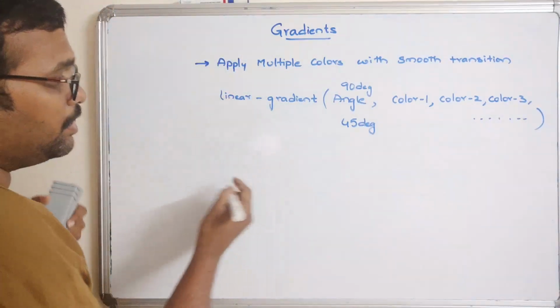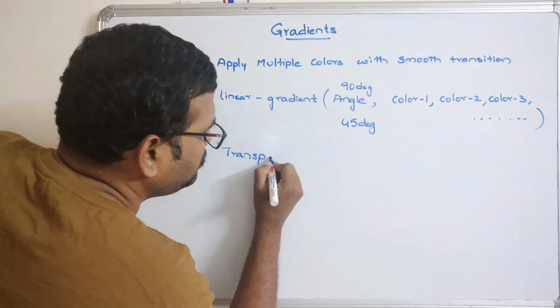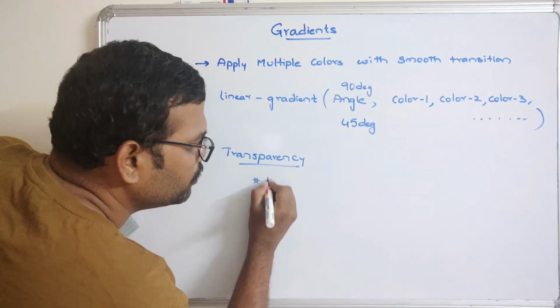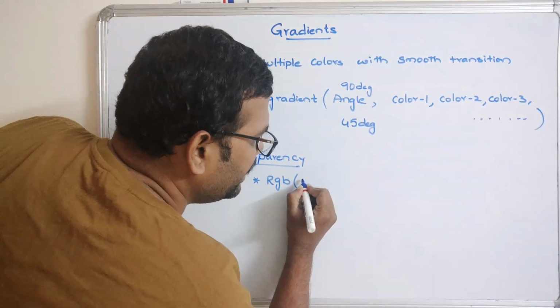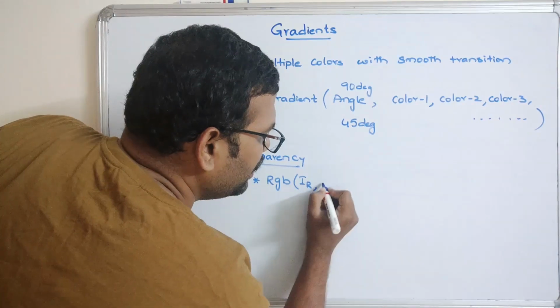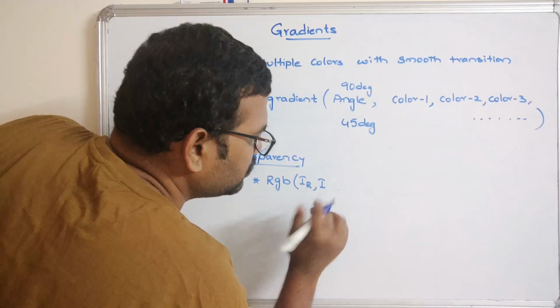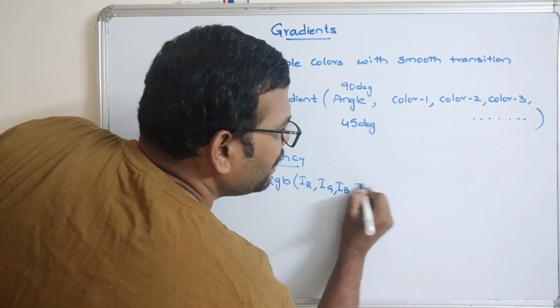The next one is transparency. We can also give the transparency. For this, we have to use a function called RGB, with the intensity of red, intensity of green, and intensity of blue, and the transparency.